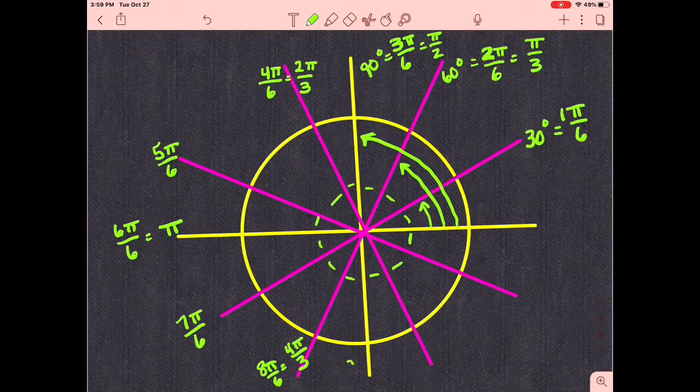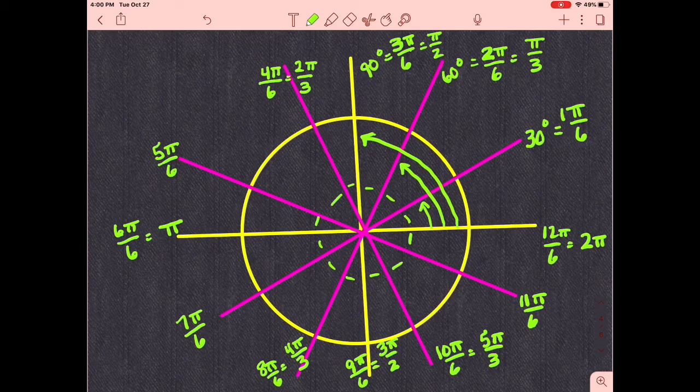We have 9 pi over 6 equals, you guessed it, 3 pi over 2. 10 pi over 6 is the same as 5 pi over 3. 11 pi over 6 is what it is, and 12 pi over 6 equals 2 pi.